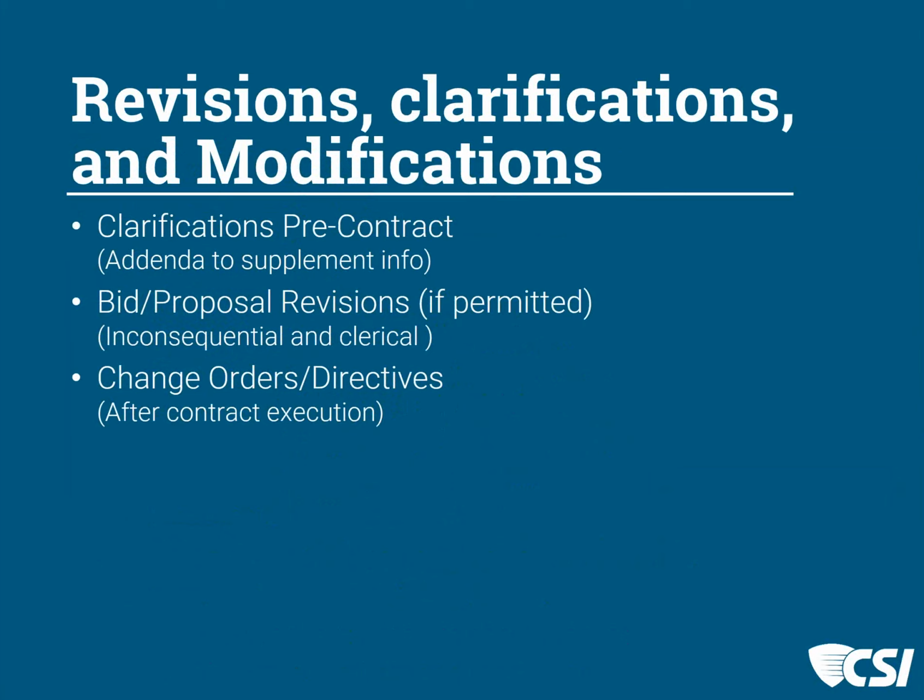And then finally, after contracts are executed and the work begins, either change orders or change directives, field orders, and those kinds of modifications that occur after the start of construction become a part of the contract documents. So that is a really fast conversation and review of opportunities for being collaborative in understanding our documents.